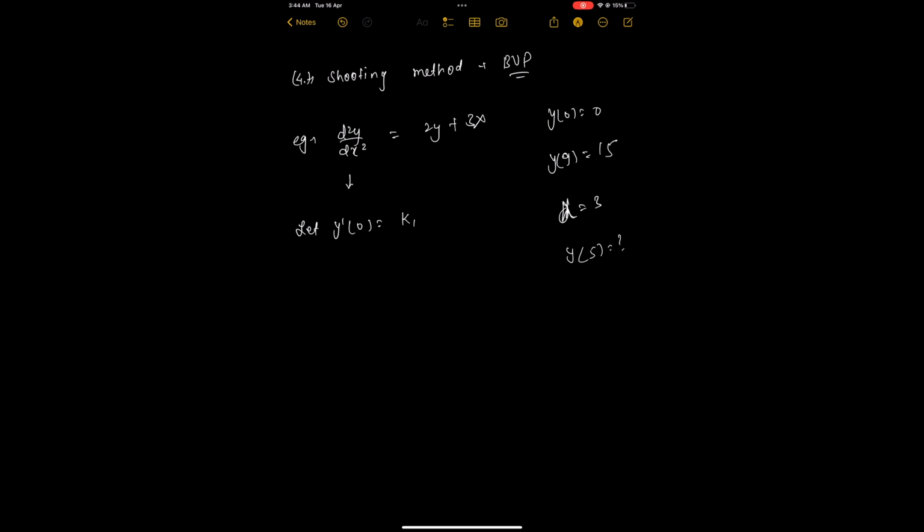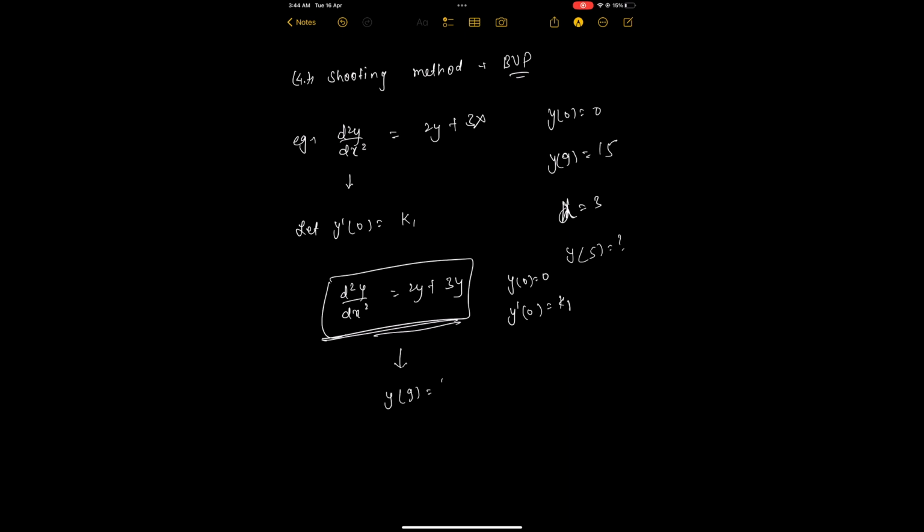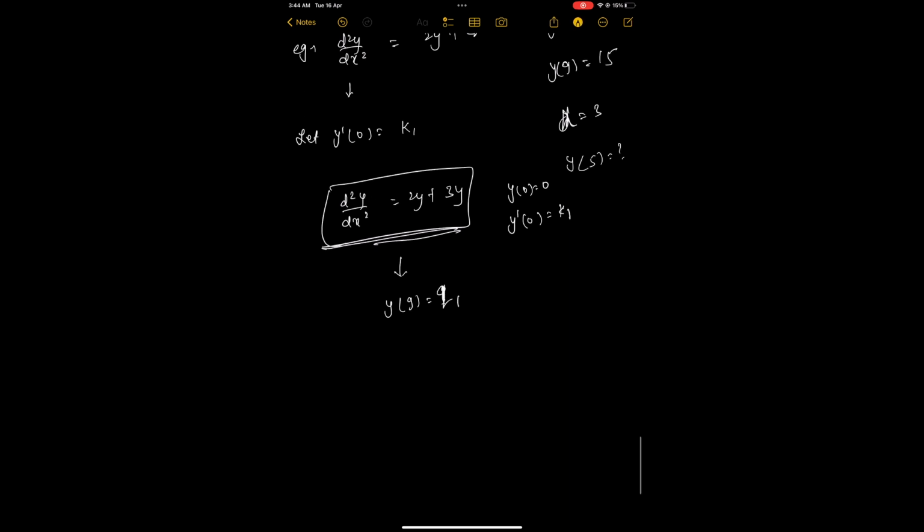And we solve the problem d2y by dx2 equals 2y plus 3x, with y of 0 equals 0 and y dash of 0 equals k1. So we can solve it and we can get y of 9 equals what from here. Let's suppose we get q1.